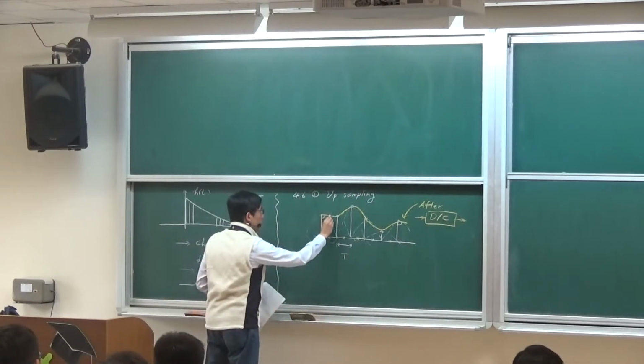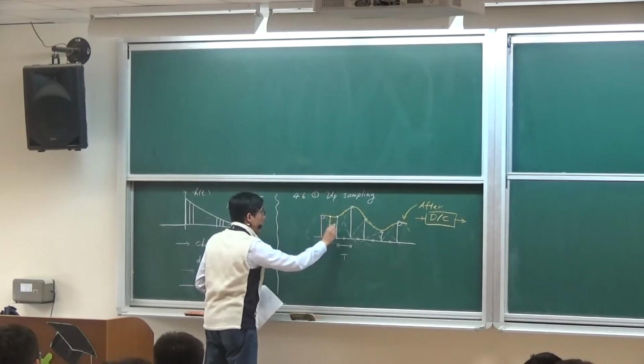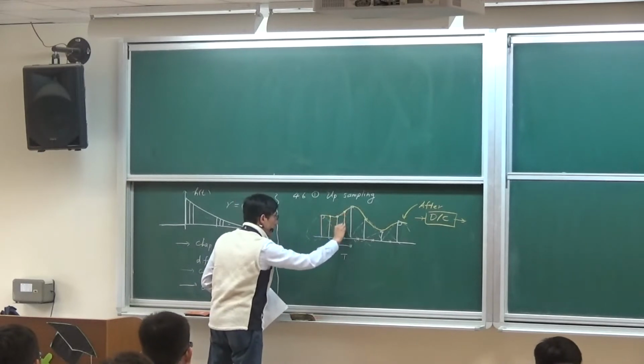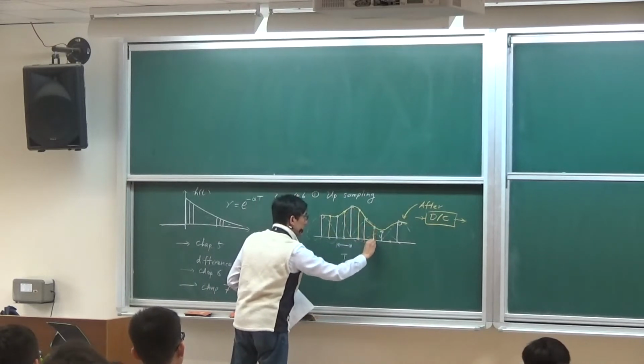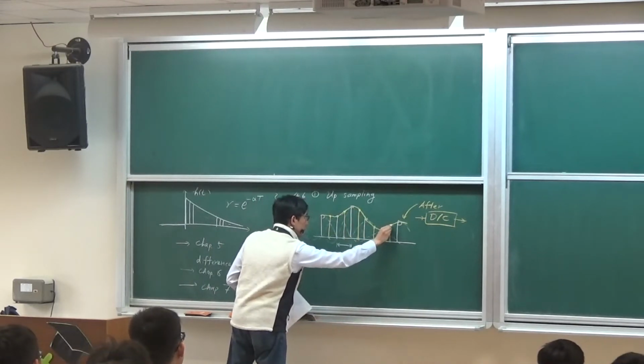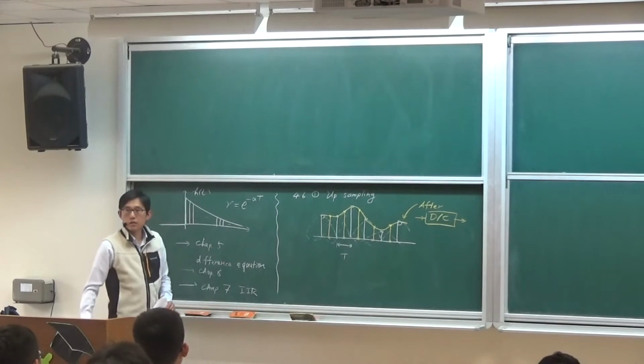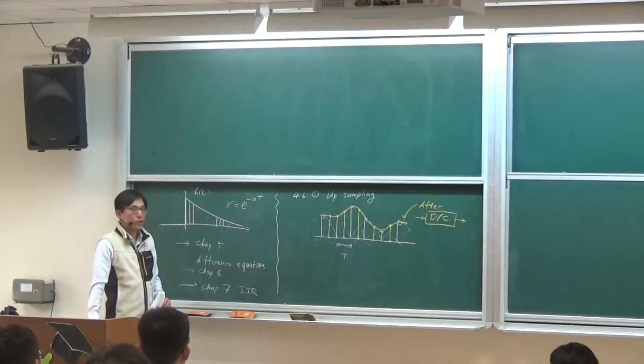And then simply we'll be able to resample at half integer values, at half integer times. So fair enough, okay? Conceptually we can do that.